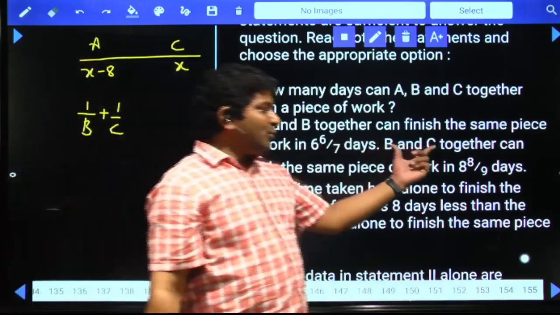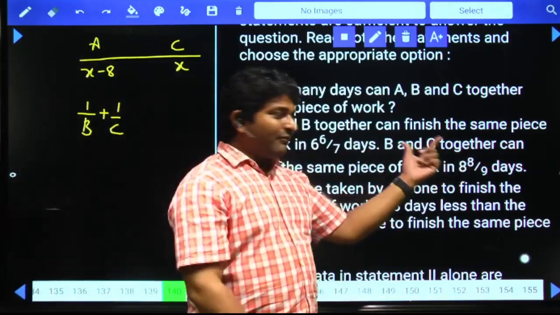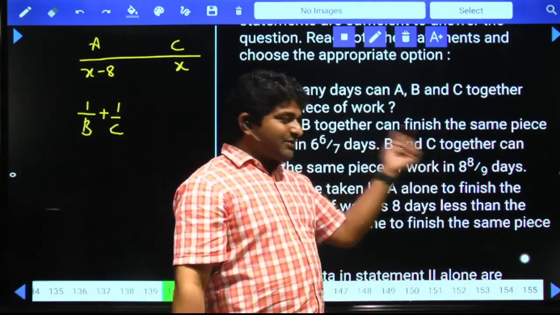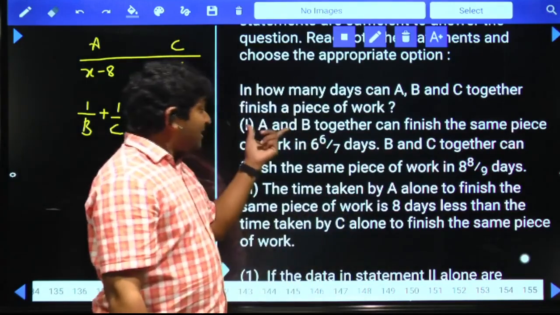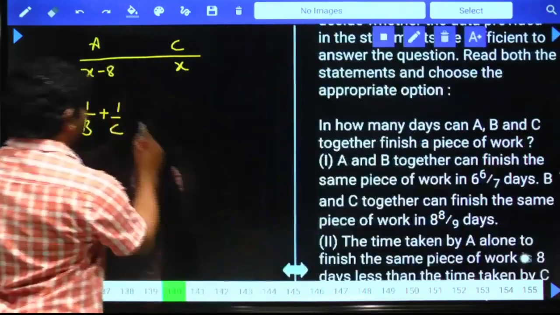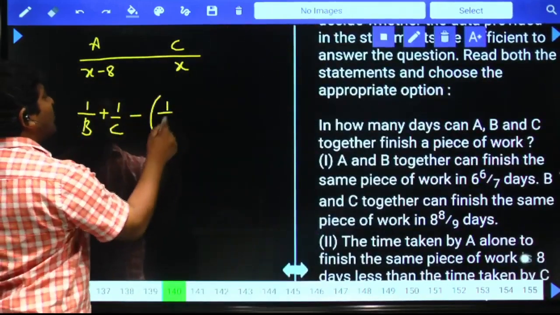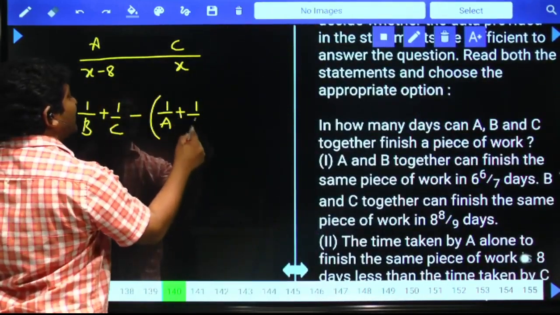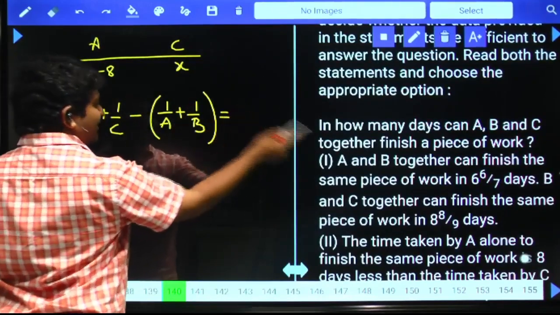If both together can do the work in some number of days, if you calculate 1 day work, that will have 1 day work of B as well as 1 day work of C. And here also 1 day work of A and then 1 day work of B. I will subtract it. From this, if I subtract 1 day work of A and then 1 day work of B, here you'll have some number.